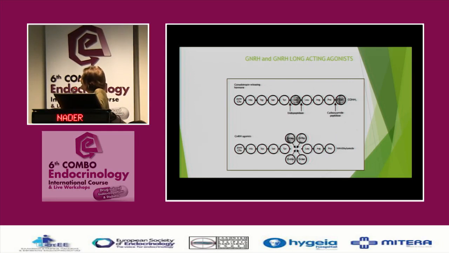The next drug I'd like to talk about briefly, and we don't think of them as drugs that inhibit reproduction, but in fact it is, the long-acting GnRH agonist. GnRH itself has a very short half-life, and the pharmaceutical industry became interested in this many, many years ago, about 30, 40 years ago, and they wanted to develop drugs that would have long-acting GnRH action.